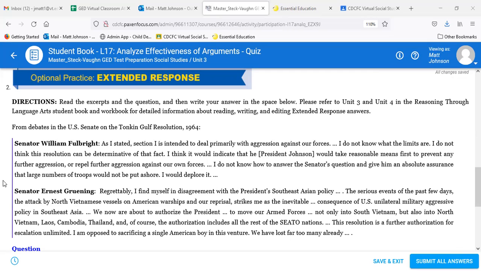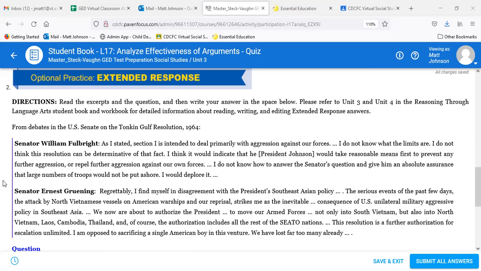We now are about to authorize the president to move our armed forces, not only in South Vietnam, but also into North Vietnam, Laos, Cambodia, Thailand, and of course, the authorization includes all the rest of the SEATO nations. That was a pact of Southeast Asian countries aligned with the US. This resolution is a further authorization for escalation unlimited. I am opposed to sacrificing a single American boy in this venture. We have lost far too many already.